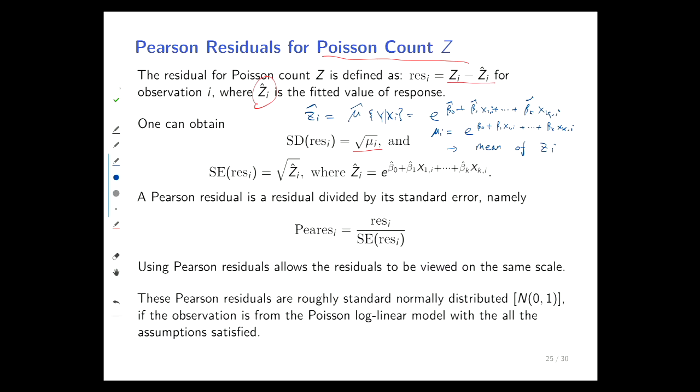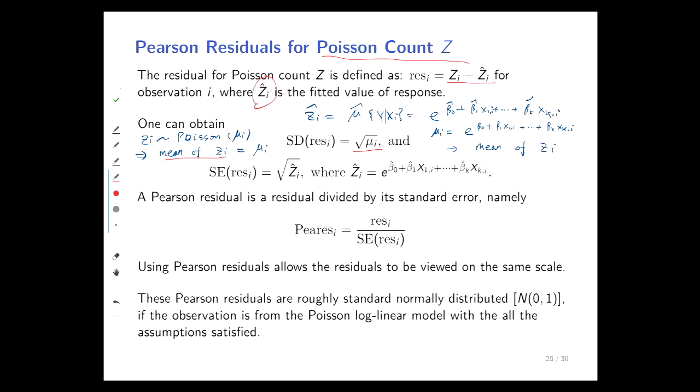So why do we have this result? This is from zi following the Poisson distribution with the parameter mu i. It's the Poisson distribution assumption. If we have this result, we can compute, if you still remember, the mean of zi equals mu i. How to compute the mean?